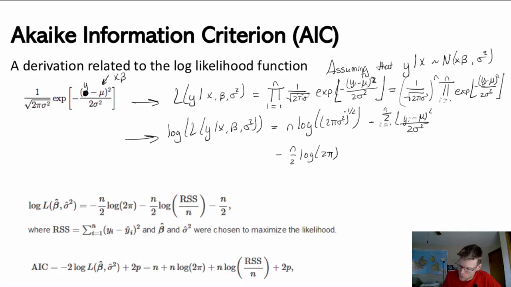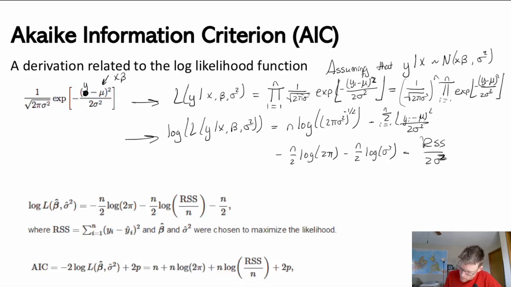So then I can also do minus n over 2 times the log of sigma squared. And then this term over here, the sum of y sub i minus mu squared, is just the residual sum of squares, so I'm going to turn that into RSS. So this is going to be minus RSS over 2 sigma squared.